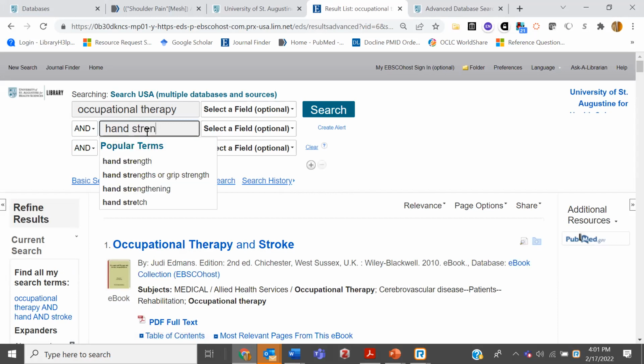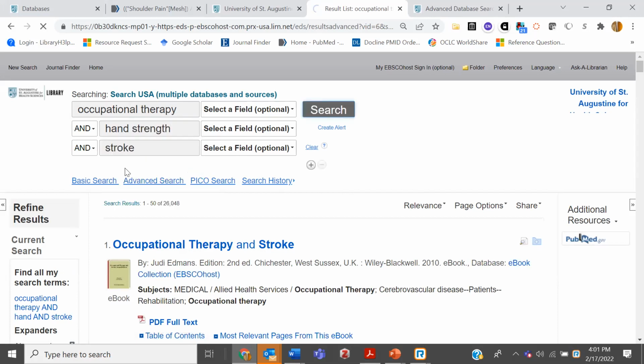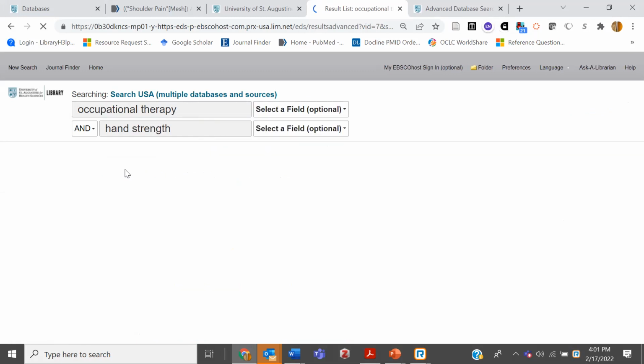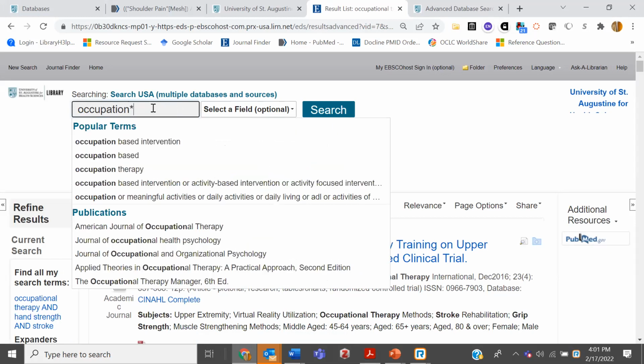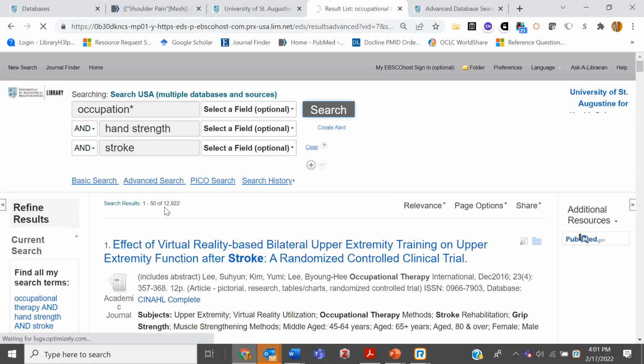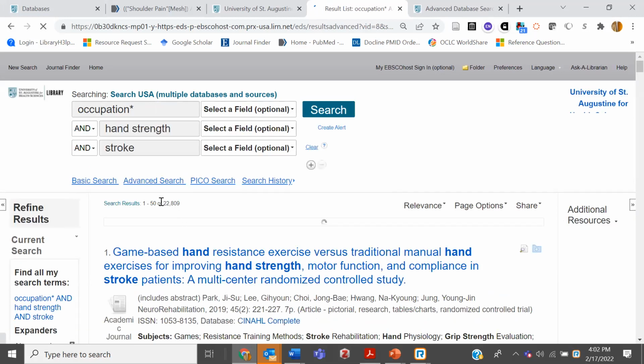Let's go hand strength specifically so that we're getting somewhat specific here. And let's say I truncate that to just any variation on the stem of occupation. So we're going to go from 12,000, 13,000 up to 22,000.